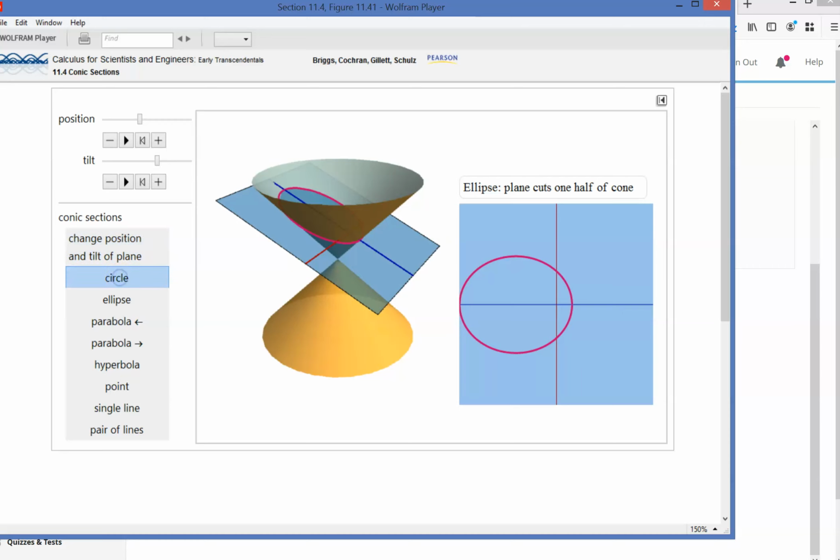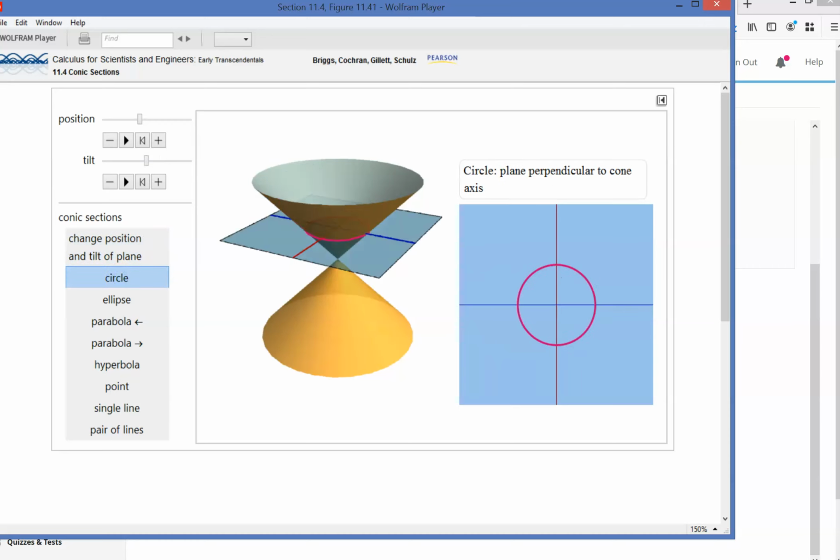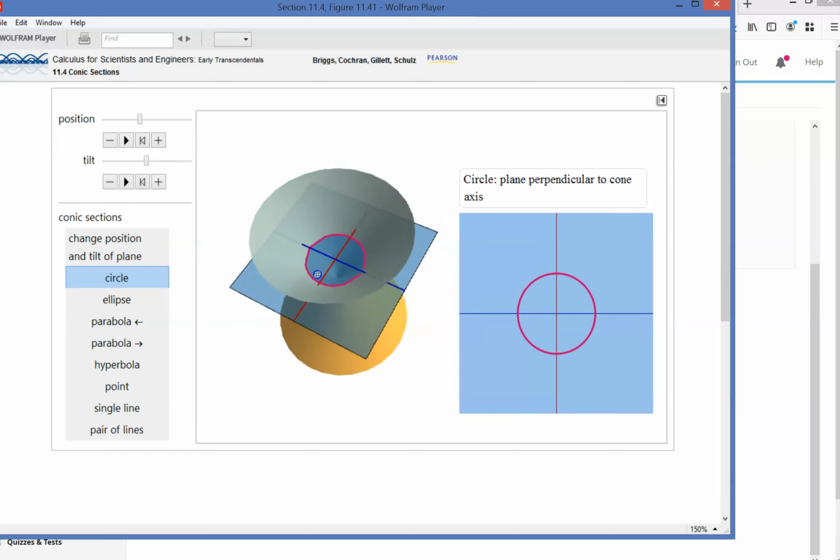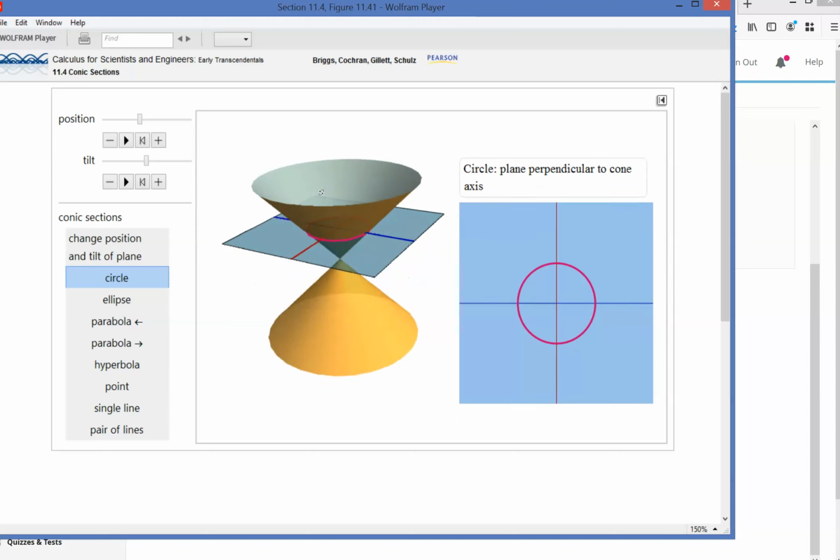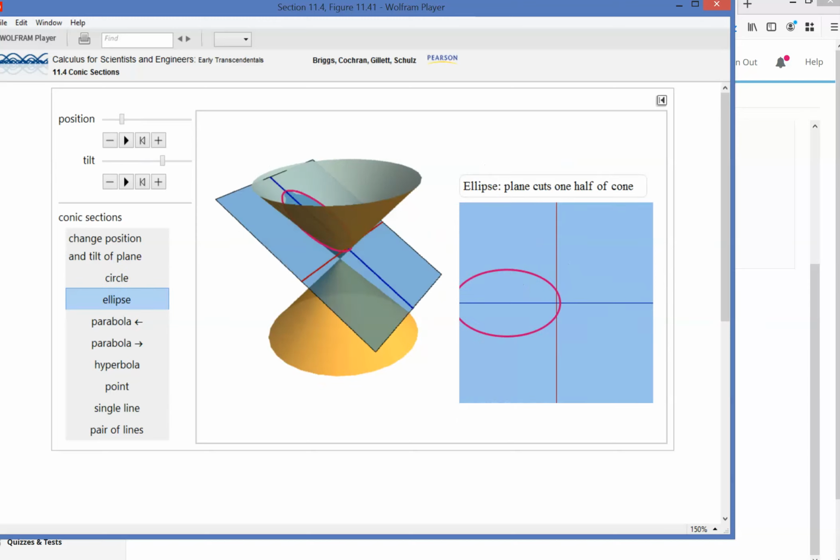Notice that if we put the plane perpendicular to the axis of the cone, we get a circle as the cross section, and we can tip this shape down and look in there and see, sure enough, it's a circle when we cut through the cone in that way. If we cut through the cone at an angle, we get an ellipse.